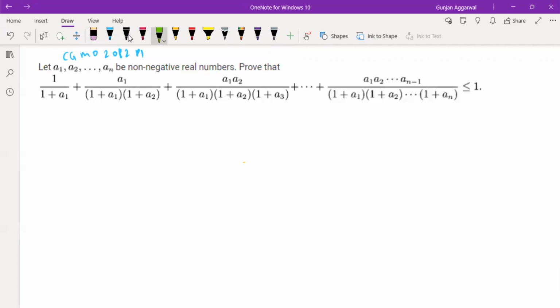Okay, so let's say we take the first two terms and then we combine the denominators. So we'll get that the first two things add up to 1 plus a1 plus a2 divided by 1 plus a1 into 1 plus a2. Now if we involve the third term also, plus a1 a2 divided by 1 plus a1 plus that thing.